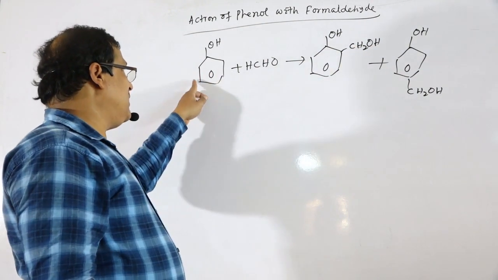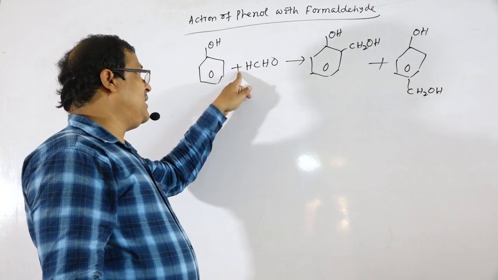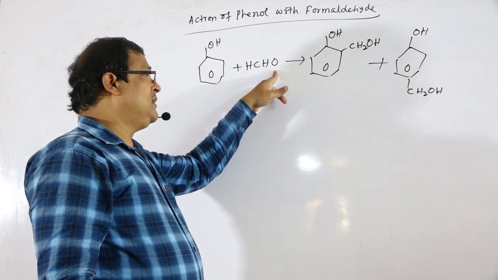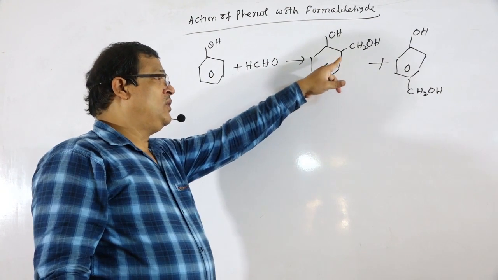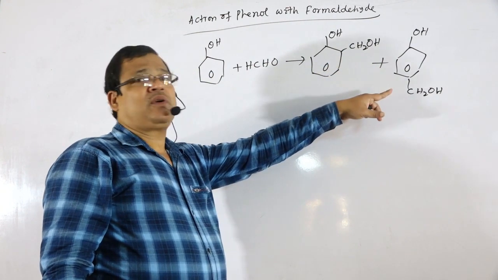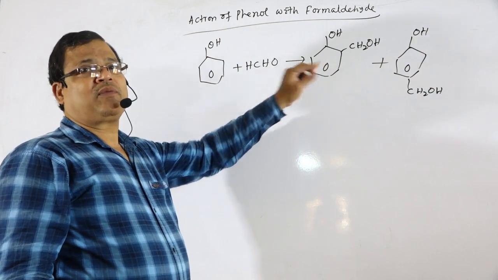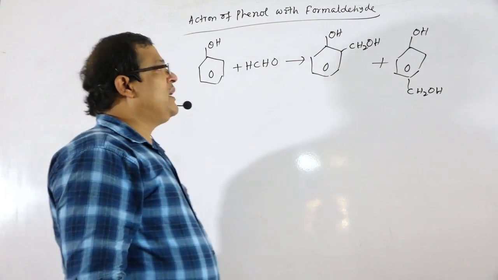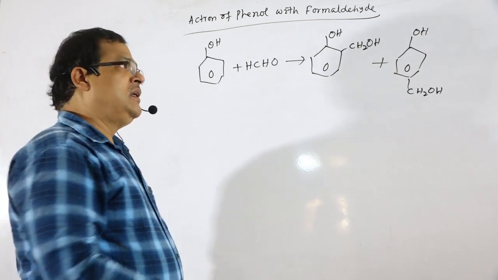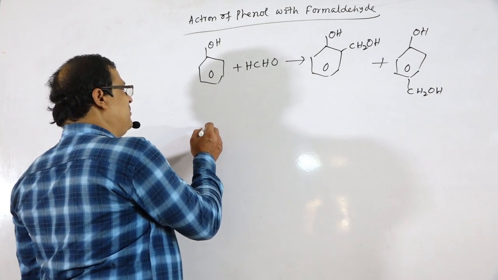Whenever phenol is treated with formaldehyde, there is the formation of ortho product and para product. Ortho and para products will be found. Whenever these ortho products combine, there is the formation of a linear polymer.